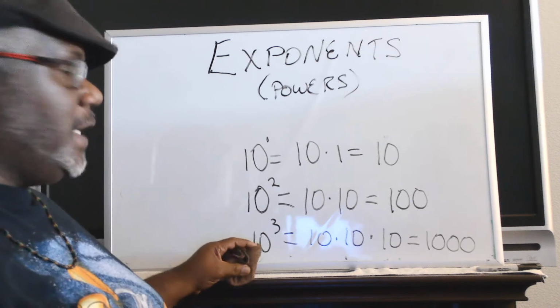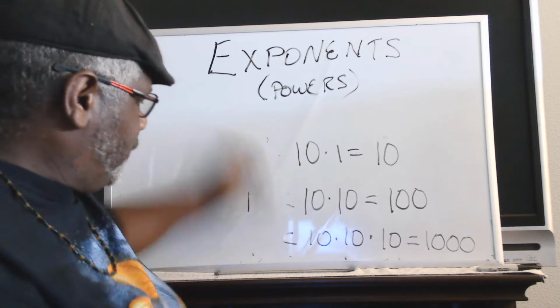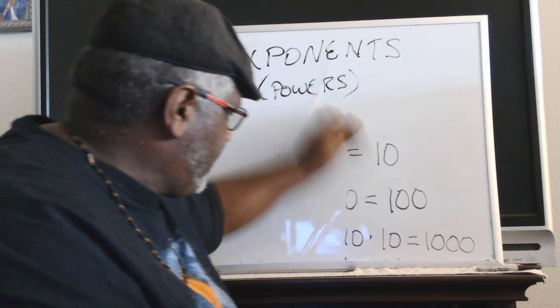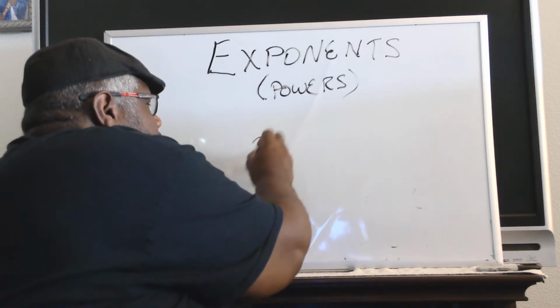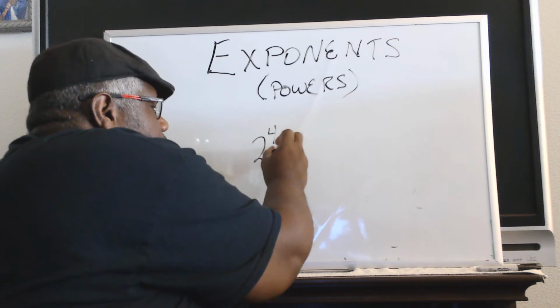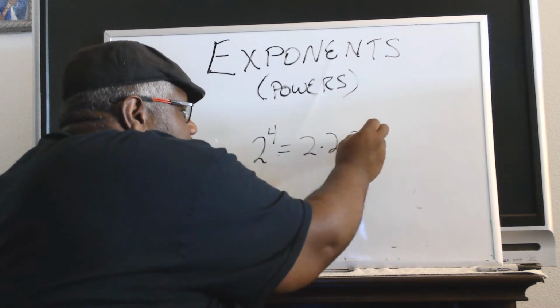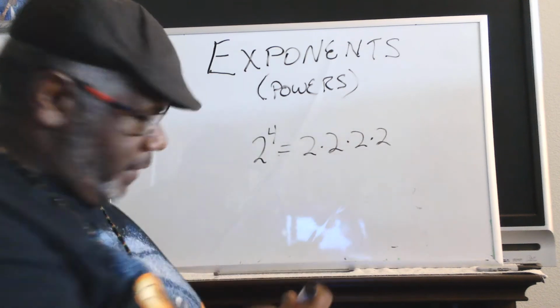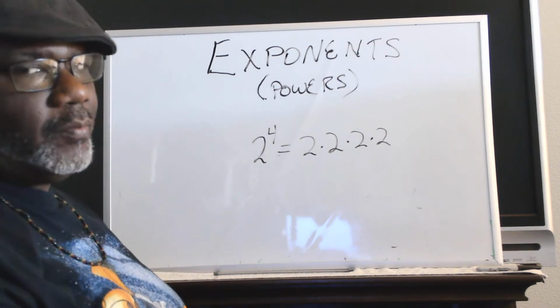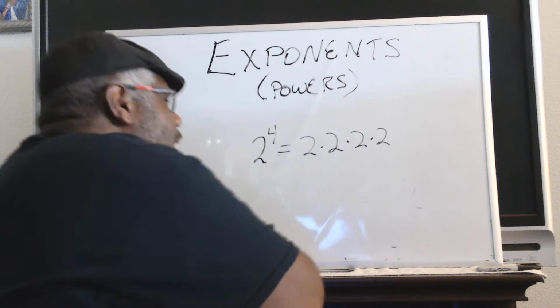But if we choose any other number, let's choose 2 for example, let's say 2 to the 4th. That equals 2 times 2 times 2 times 2. What do you think that is? Good, it's 16. You got it right.